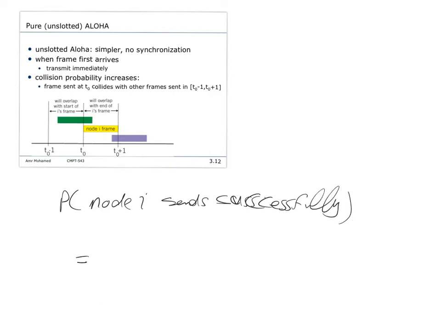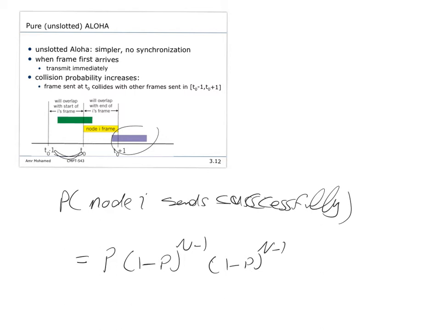Equals: node I will send, and all the other nodes will not send at this time. And also all the other nodes will not send at this time.